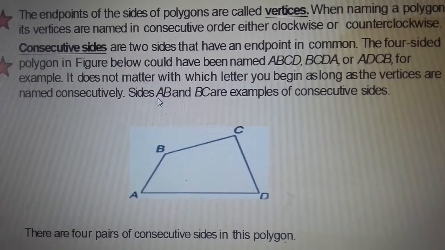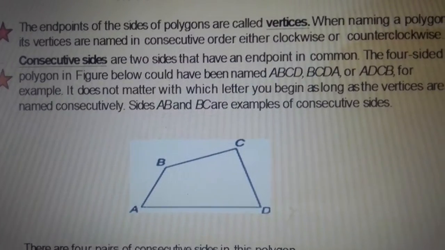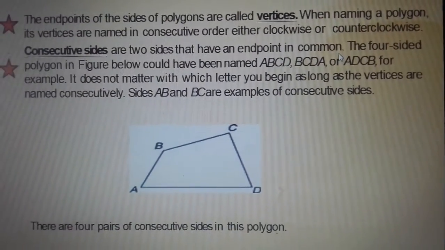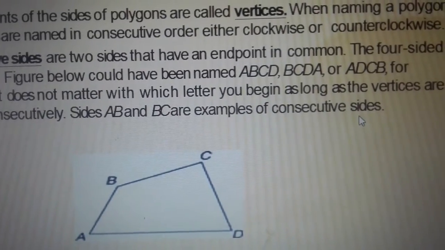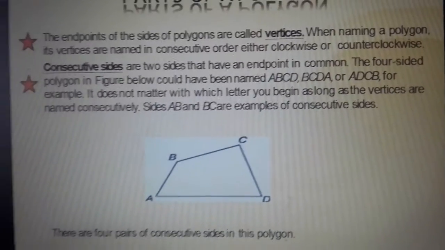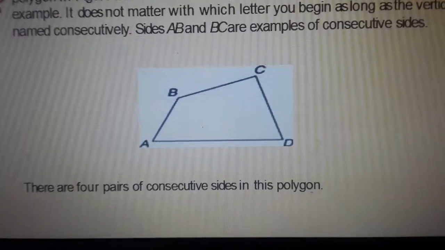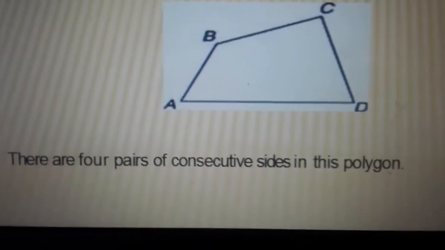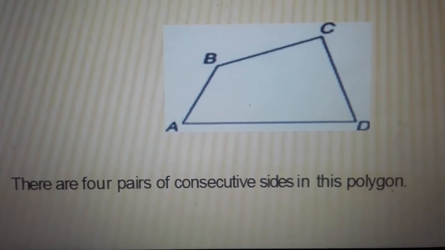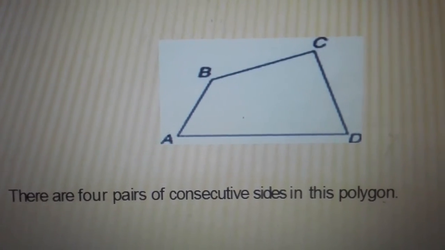You can start from any vertex. Look here, sides AB and BC are examples of consecutive sides. There are four pairs of consecutive sides in this polygon. Consecutive means it is coming continuously. Okay, next one.